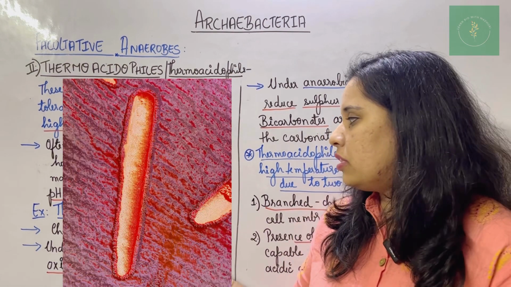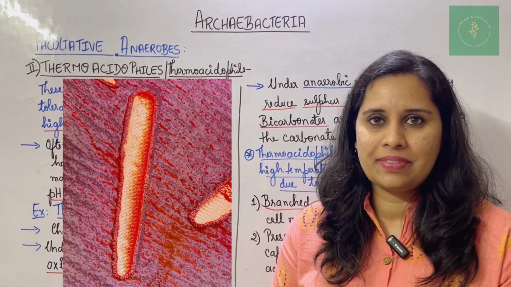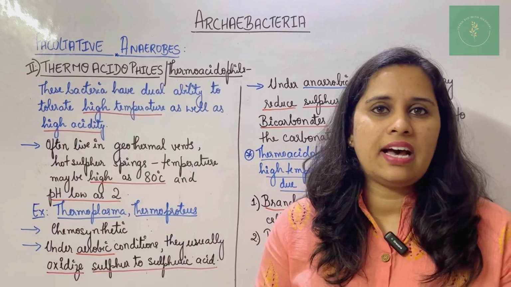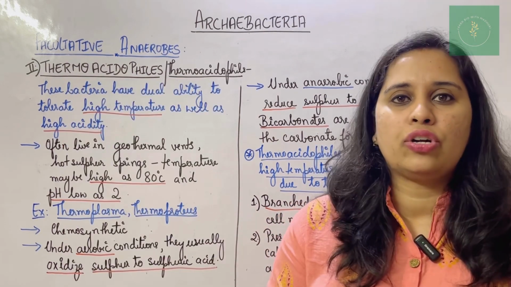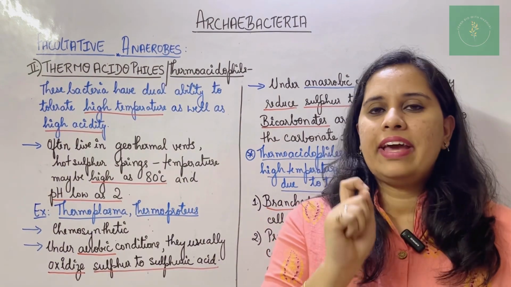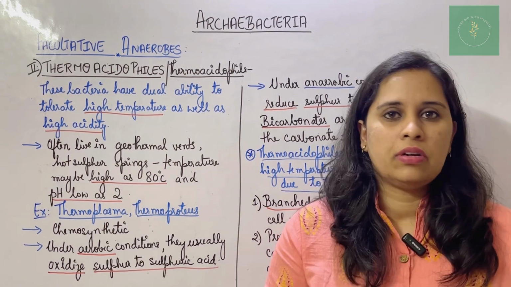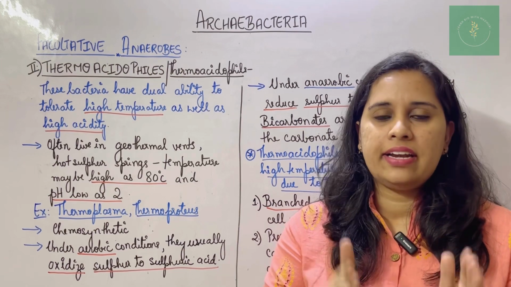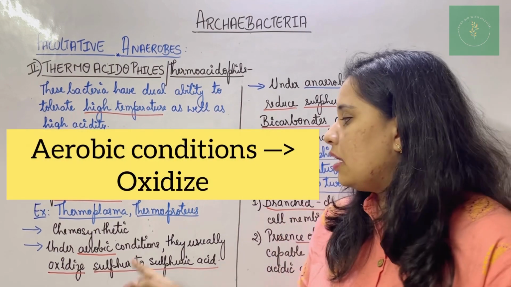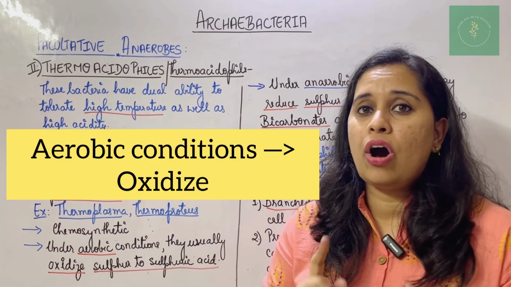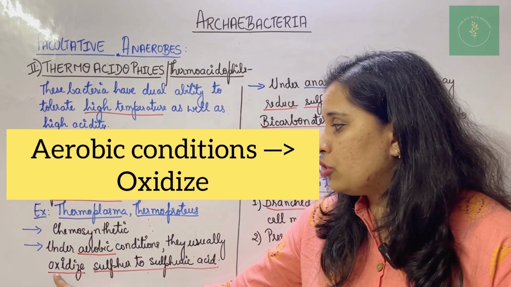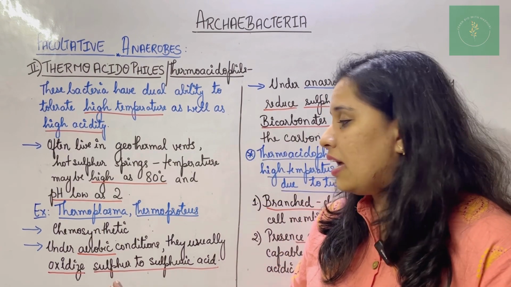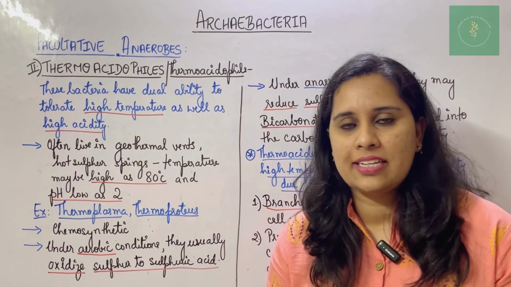The examples that you can mention are Thermoplasma or Thermoproteus. Usually these are chemosynthetic autotrophic bacteria. A very important key point to be noted here. Under aerobic conditions, in the presence of oxygen, they usually oxidize sulfur to sulfuric acid.